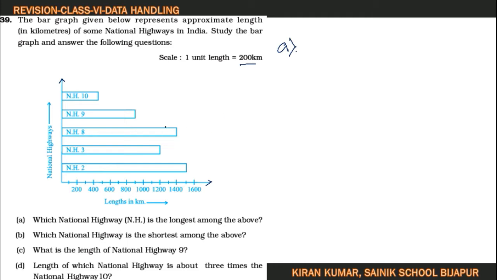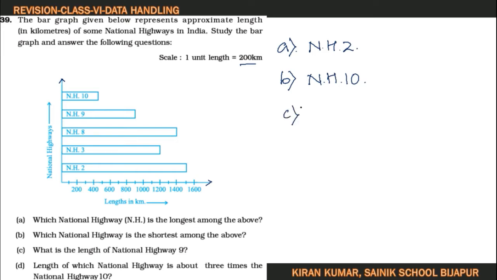Observe the length of each one of the national highways mentioned here. The National Highway 2 has got the longest length. Second sub-question, which national highway is the shortest among the above? Observing, we come to know that National Highway 10 is the shortest one.